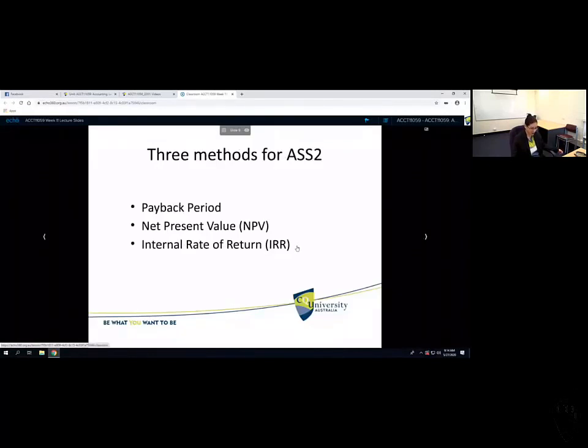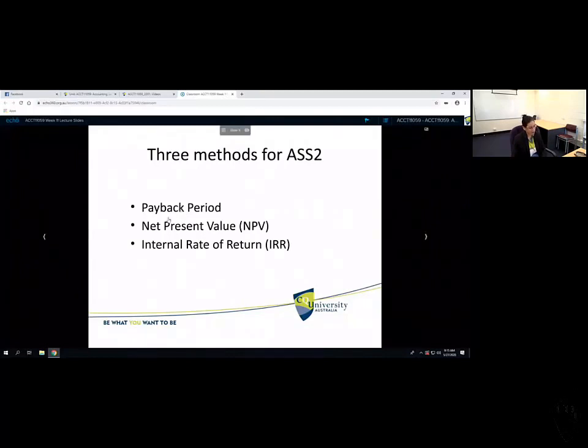And remember, you have the video presentation of me taking you through the step-by-step process of working each of these out in Excel. And they don't take very long to do in Excel because Excel has formulas for 2 of them, and I'll show you how to do the cumulative cash flow method for the payback period in Excel. So I'm not going to repeat that today.